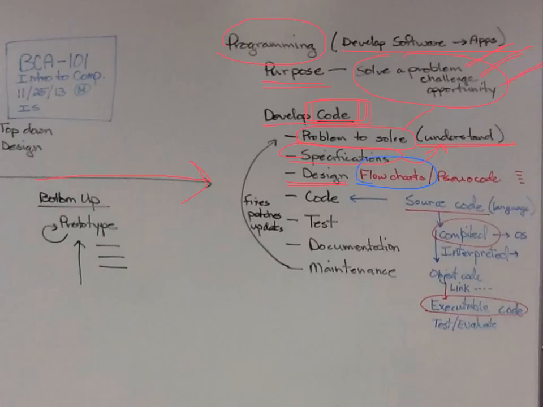You can make flowcharts that show the flow of things. You can use pseudocode, more English-like code that explains how the software will run. Then lots of feedback loops here, up here, to make sure you have it all correct before you move on.